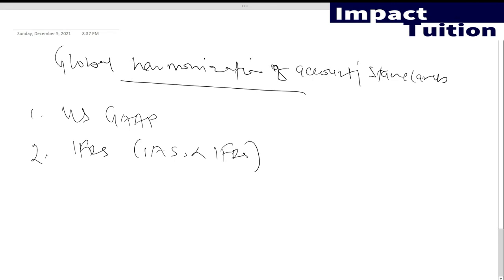These are the two groups of accounting standards that are being converged into a global standard. Now, what advantages do we stand to gain from such convergence? Advantages of convergence.